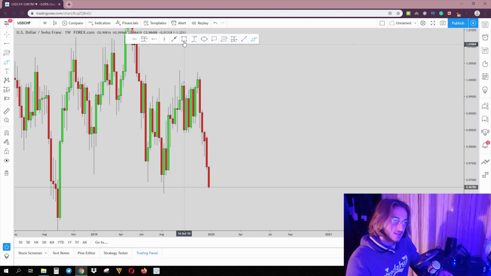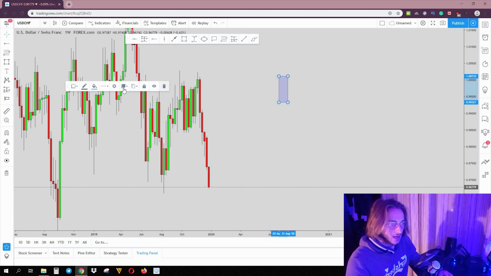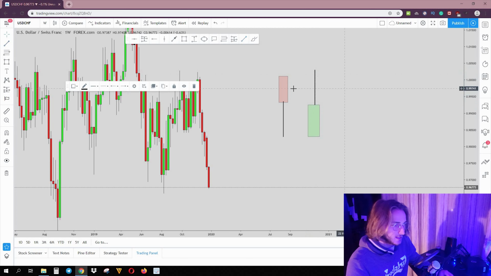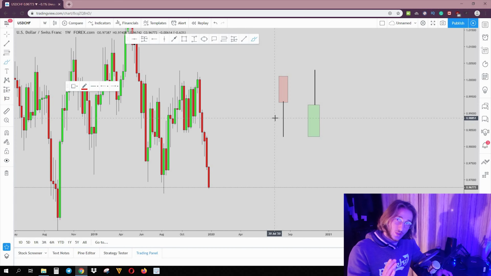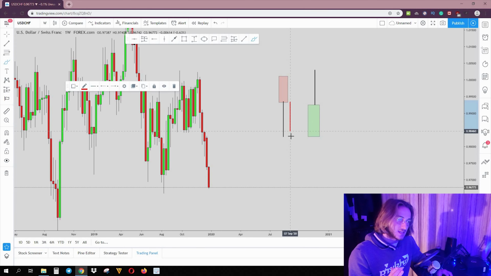When you see a candle like this, with a red body and a long wick, or even on the opposite, a green candle with a wick that is at least as long as the body, what you expect, specifically on the weekly time frame, is that the next candle 90% of the time will fill in the wick of the candle.